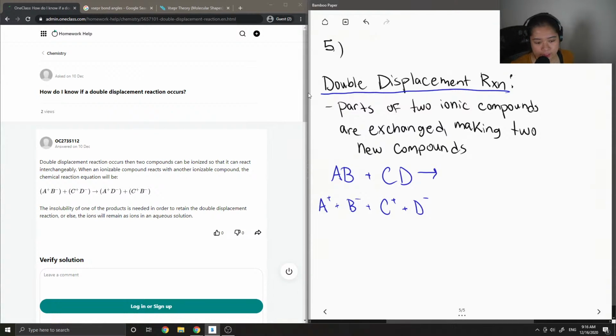So the positively charged A will react with the negatively charged D, and this negatively charged B would react with the positively charged C. So you kind of get something like that. Let me just erase this.